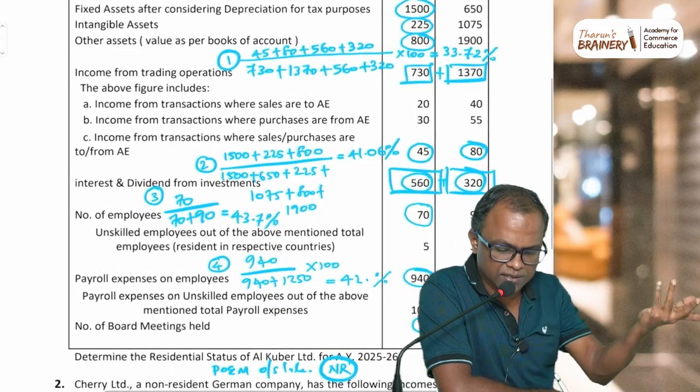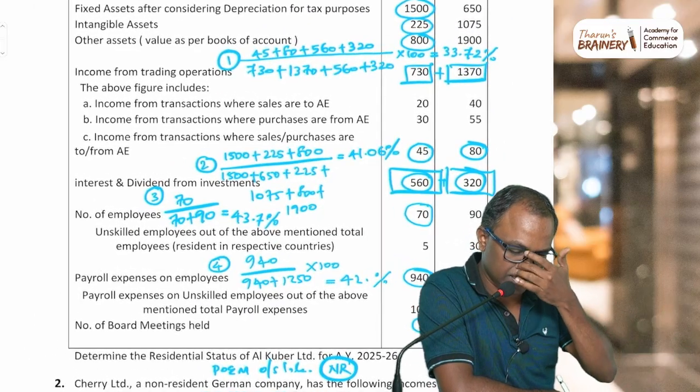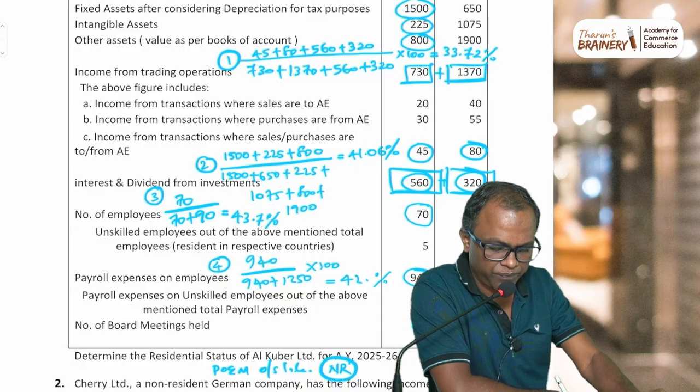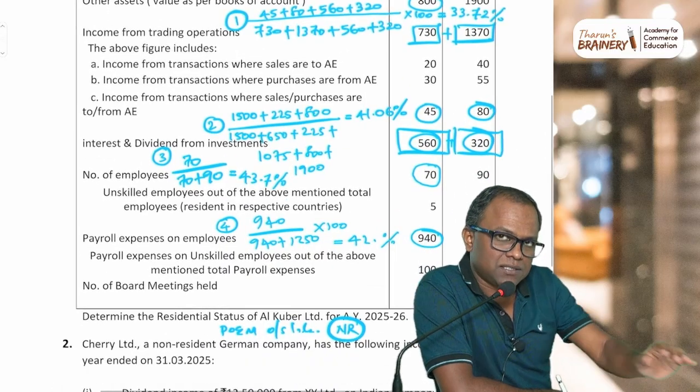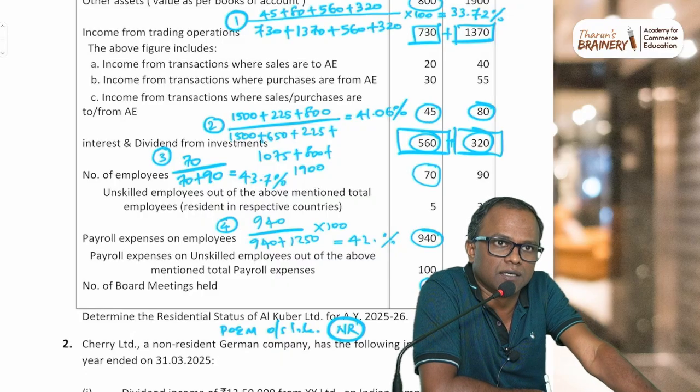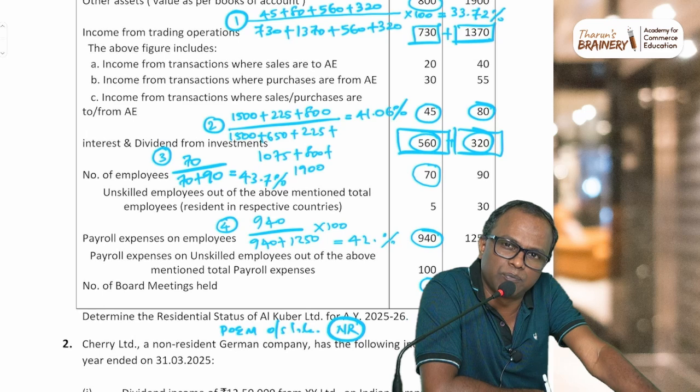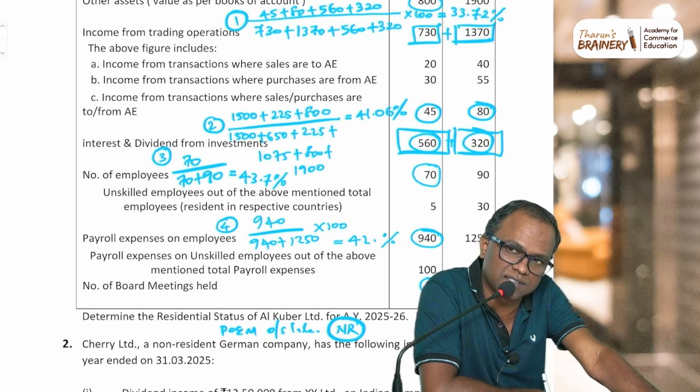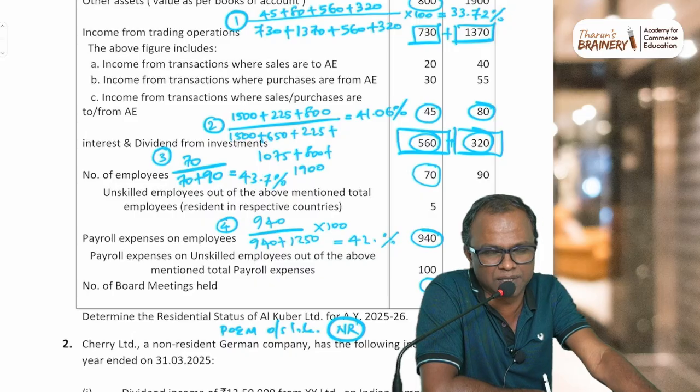If they give other details, we can say they are not asking about that, just asking for residential status. In rare cases, for your first question, the compulsory question, there is a possibility they will give the details of a foreign company along with the POEM guidelines. After finding out the POEM, you should find out the residential status, then compute the total income of the company.